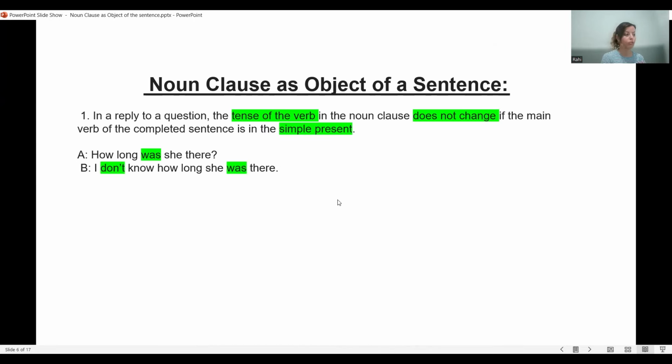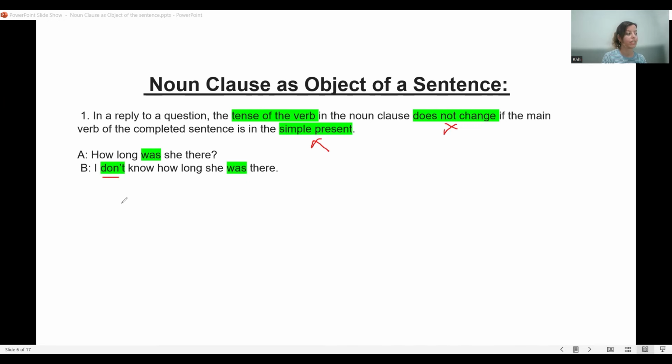As I said, we're going to focus on the noun clause as the object of a sentence. The thing that I want you to pay attention to is whenever the tense of the verb is simple present, the verb doesn't change in the noun clause. I don't know.